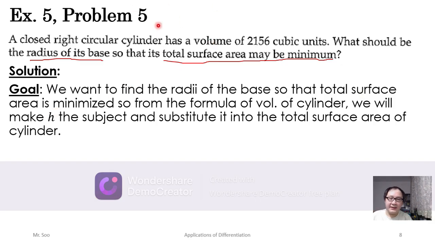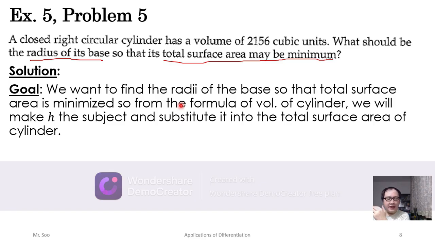From the volume of a cylinder, by definition, we know that it is equivalent to pi r squared h, and this pi r squared h equals 2156 cubic units, as they give you. You have two parameters, r and h, where r is the radius of the cylinder and h is the height.